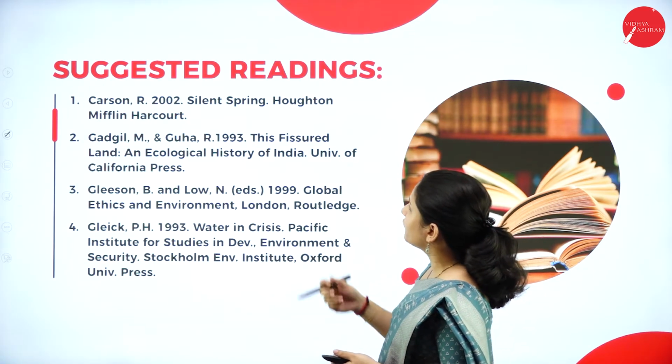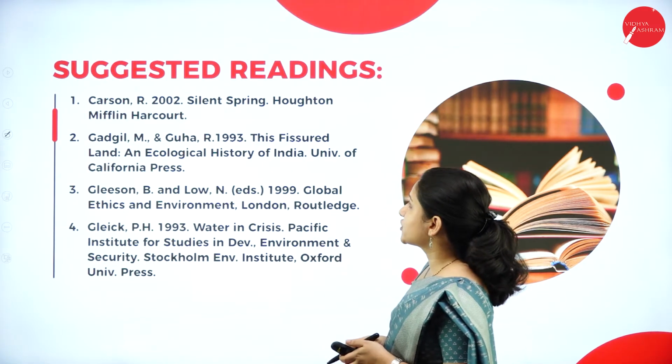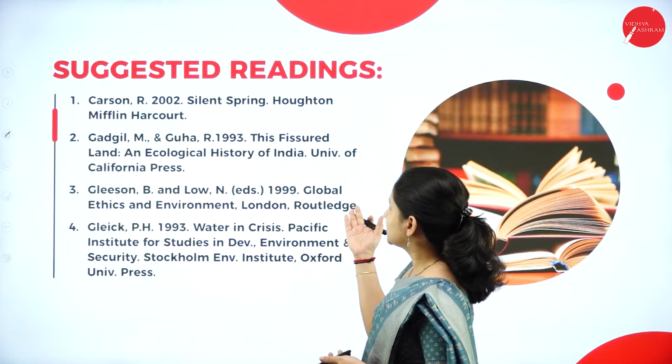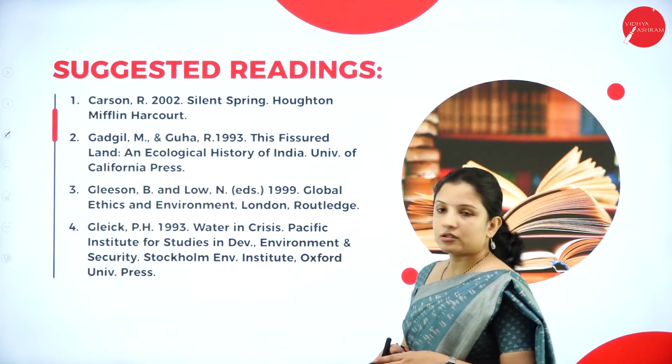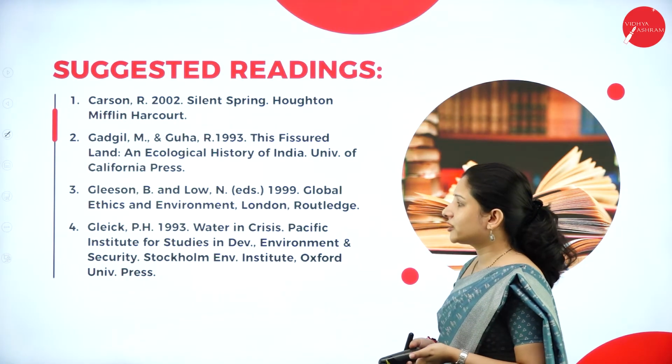Likewise, there are a lot of books depending on the different topics. If you need to study the ecological history of India, you have a particular book here, and you have books for global ethics and environment that was published by the London publications. Then you have to study about the water crisis.